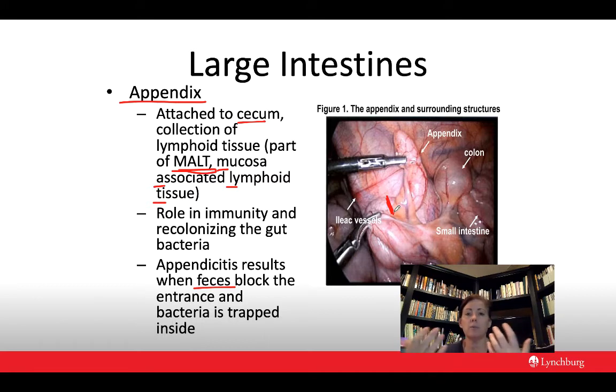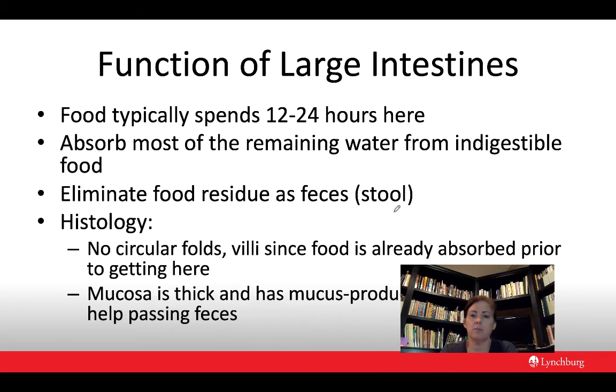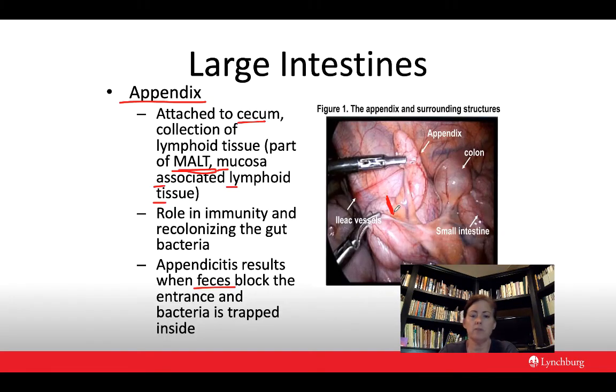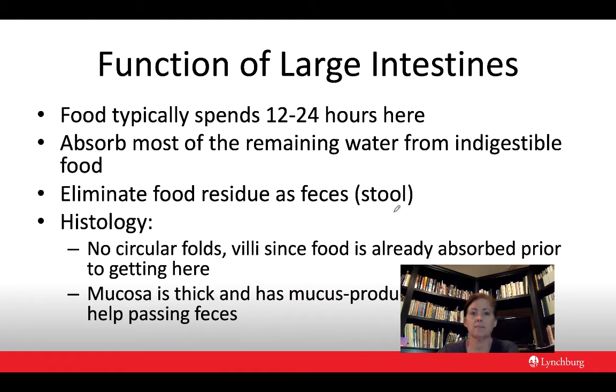And you can end up with a pretty serious infection, appendicitis, where they would have to go in, hopefully endoscopically with a little tiny incision, and take your appendix out. So if any of you have had that done, you've had that experience. But that's what happens with the appendix.